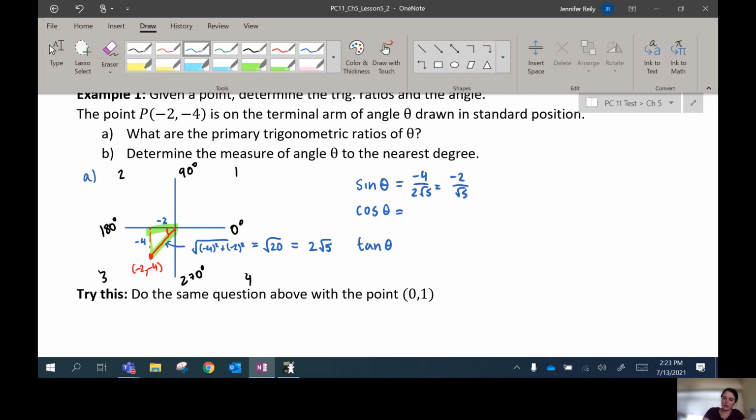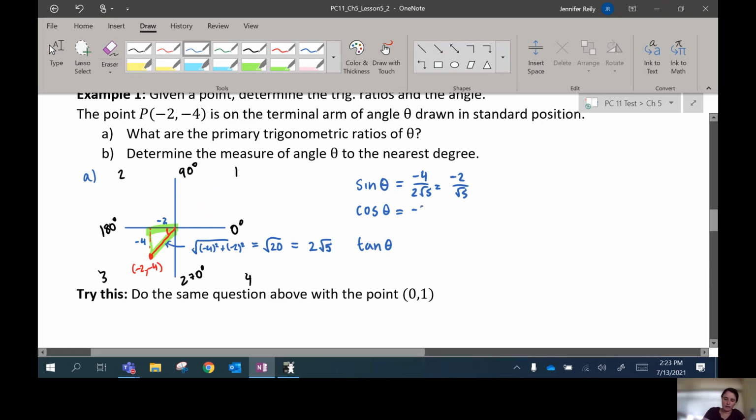So it'd be -2 adjacent over the hypotenuse, which is 2√5. We can reduce it, cancel out those 2's. And tan is opposite over adjacent, -4 over -2, which reduces to +2. So we can see here the sine and cosine ratios are negative, and the tangent ratio is positive.